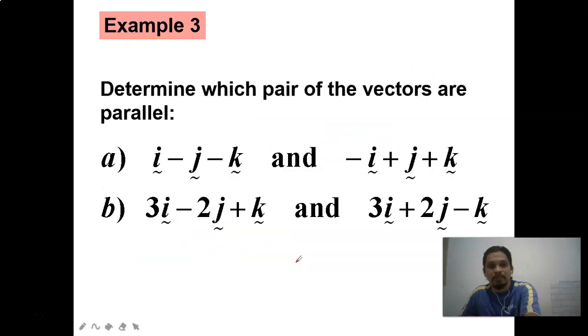Determine which pairs of vectors are parallel. Now for question A, look at this one here now.